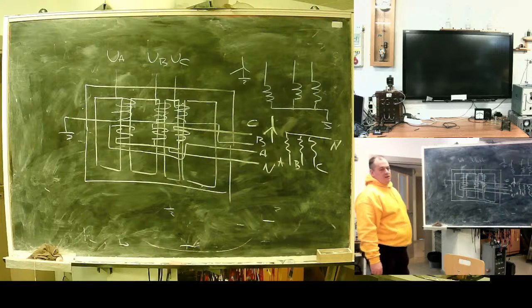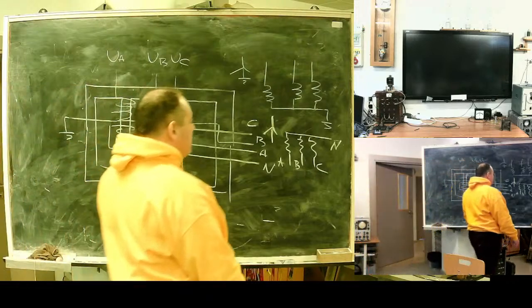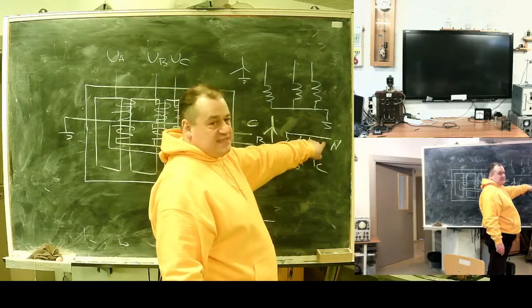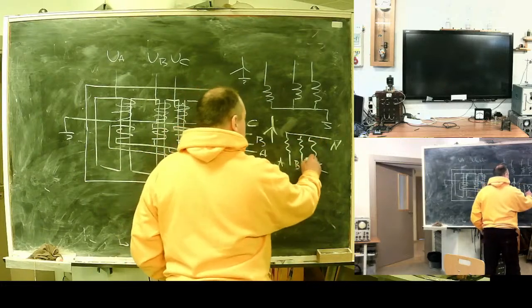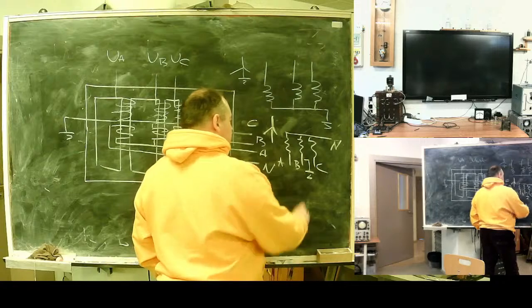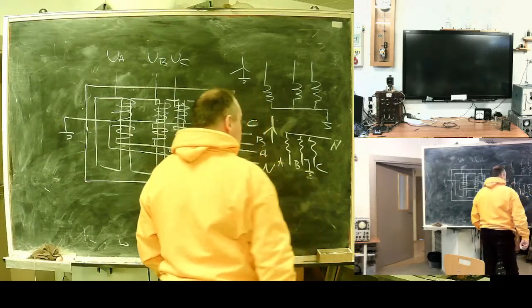Many transformers for distribution networks mimic all the schematic with grounded B phase. And they have the ground point not at the end, but at the B. Remember this.